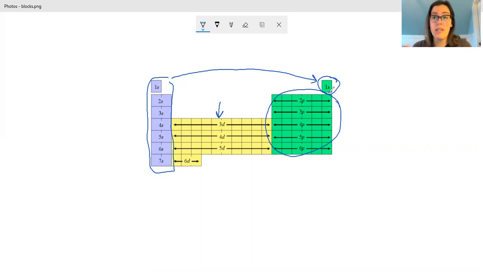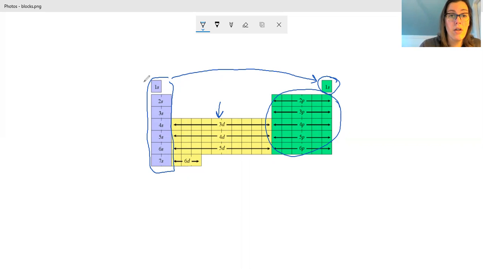And what these blocks signify to us is the very last sublevel of the electron configuration, what type of sublevel it is on any element's periodic electron configuration. So which type of block it's in tells us what the last sublevel type is.